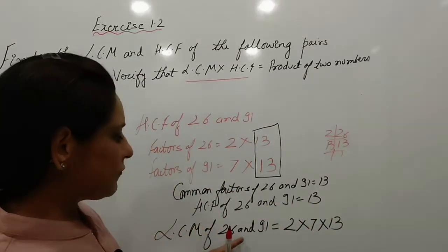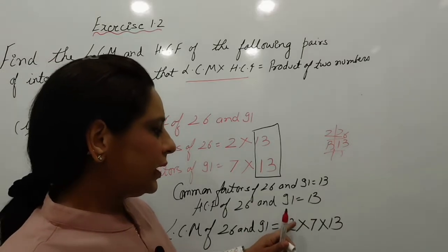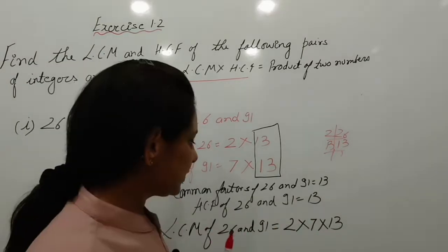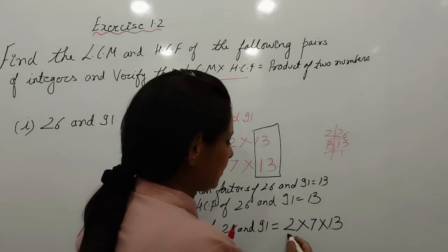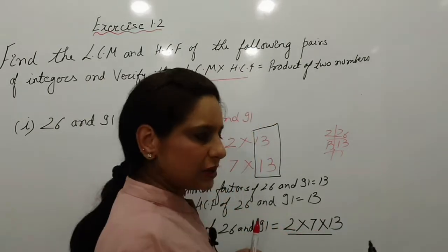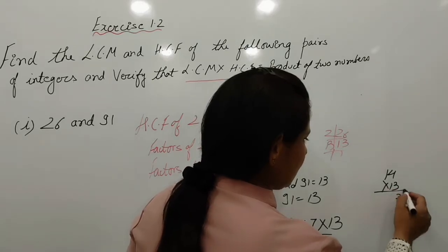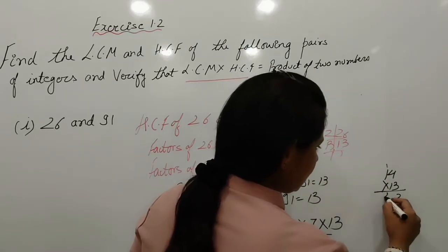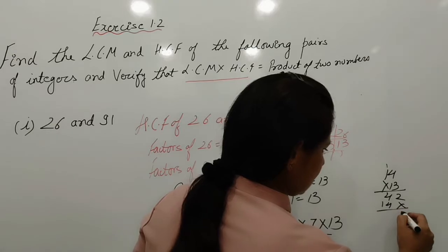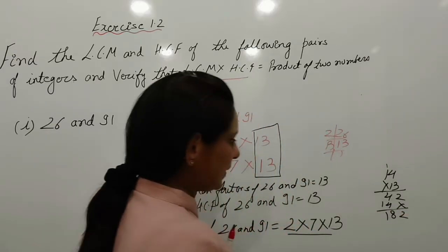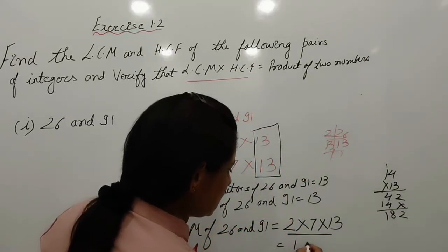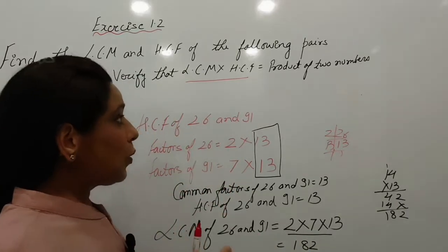The LCM of 26 and 91 is 2 into 7 into 13. Now let us see the product of these. 2 into 7 is 14. So what will be the product of 14 into 13? You also do it. It seems to be 182.